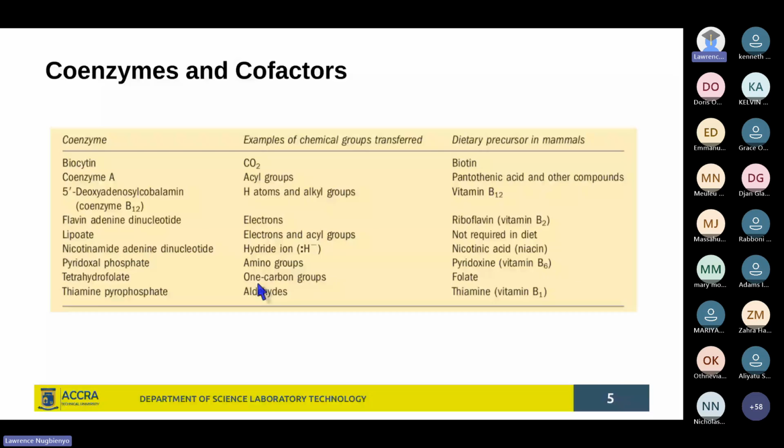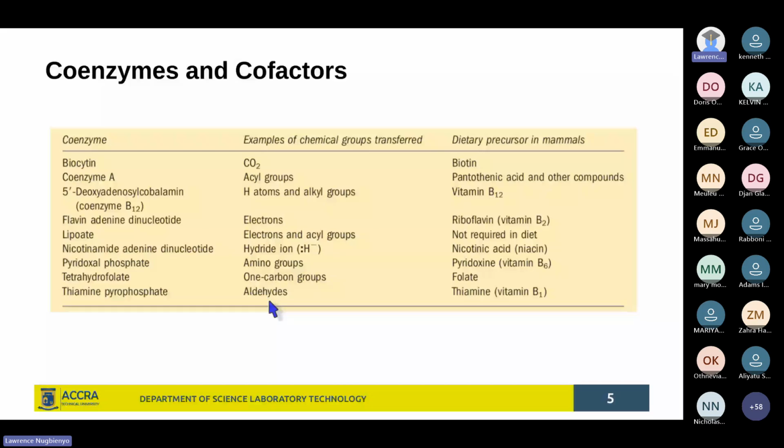Then we see thiamine pyrophosphate also involved in the transfer of the aldehyde functional group. So when it comes to metabolism of carbohydrates, obviously you find it there. For instance, if you look at the linear structure of glucose, you see that it is an aldohexose, meaning it contains the aldehyde group, and because it contains 6 carbons, we refer to glucose as an aldohexose.